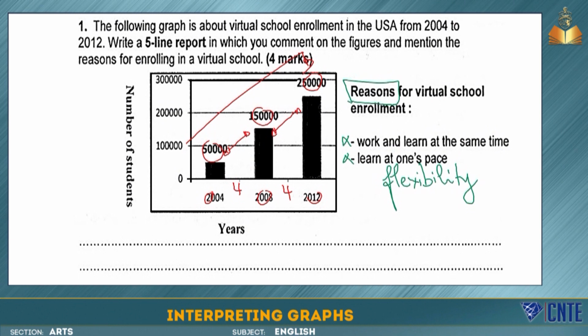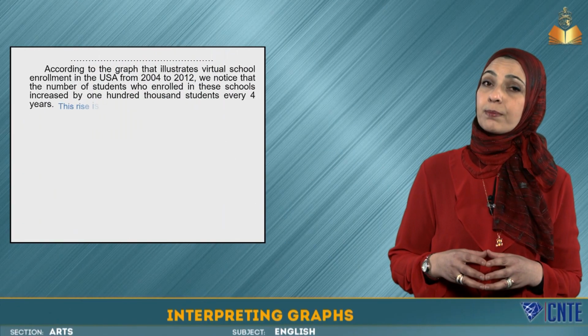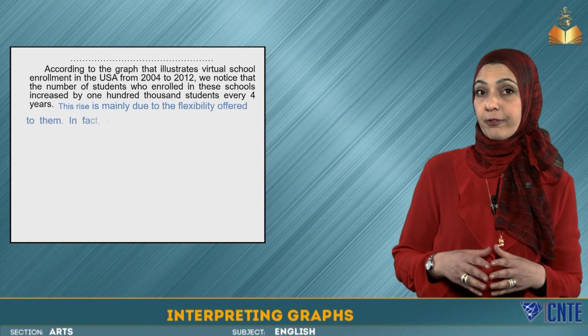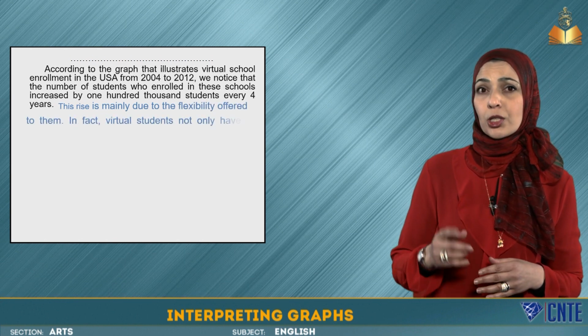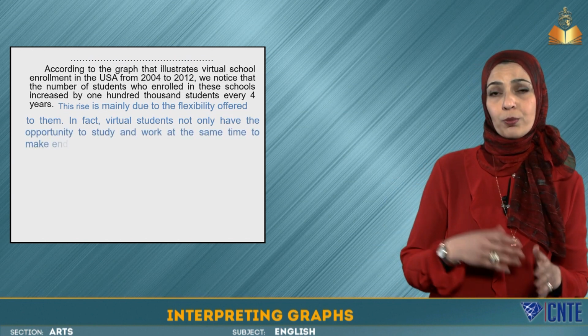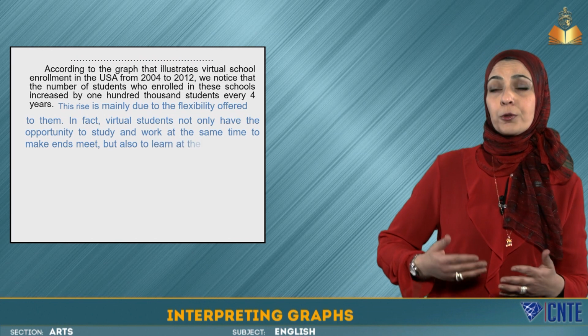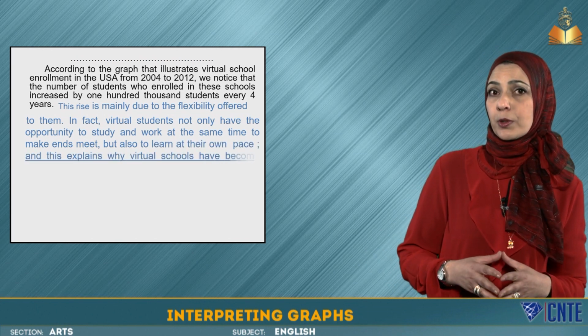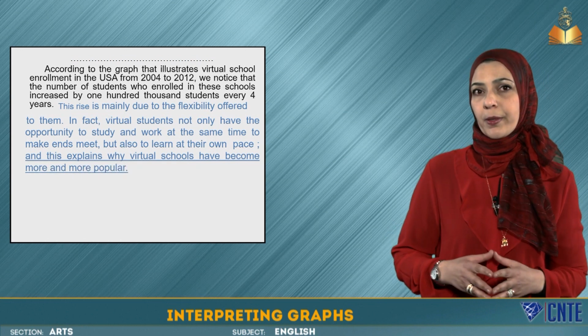So we write, this rise is mainly due to the flexibility offered to them. In fact, virtual students don't only have the opportunity to study and work at the same time to make ends meet, but also to learn at their own pace. And this explains why virtual schools have become more and more popular.